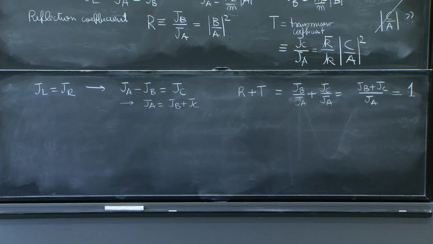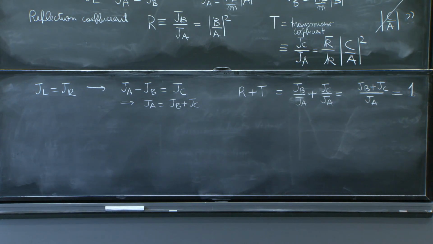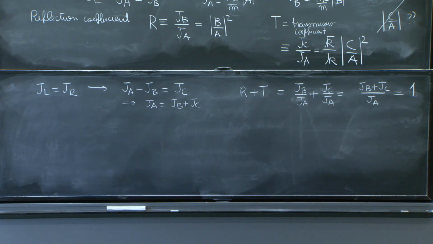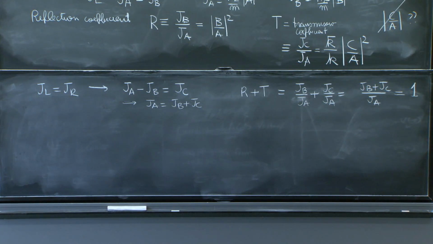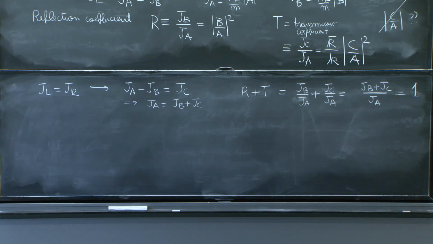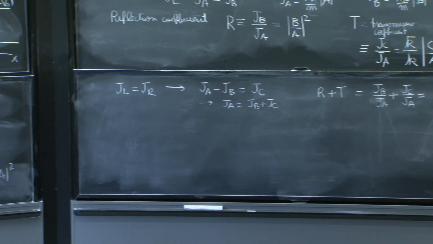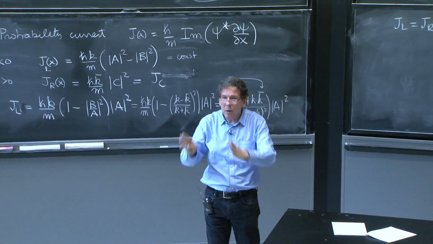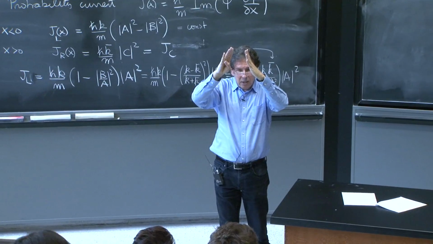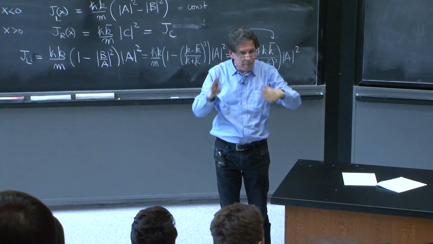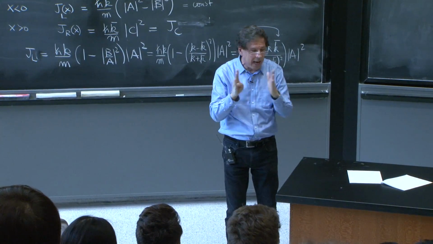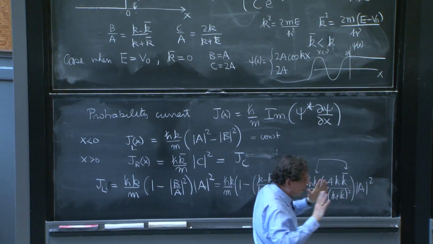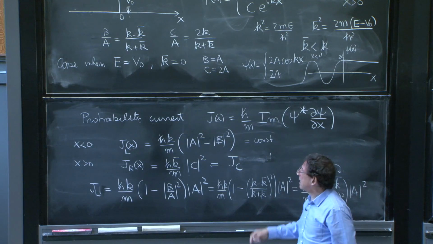So now we got an idea. With this solution, I can understand the reflection and transmission coefficients, but do these apply to particles? Well, the good news is that it roughly applies to particles, as we will see with the wave packet soon. If you send a wave packet, it's going to have some uncertainty in momentum, some uncertainty in energy, but suppose the wave packet doesn't have that much uncertainty.